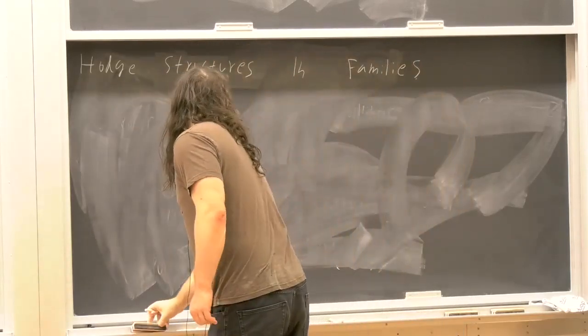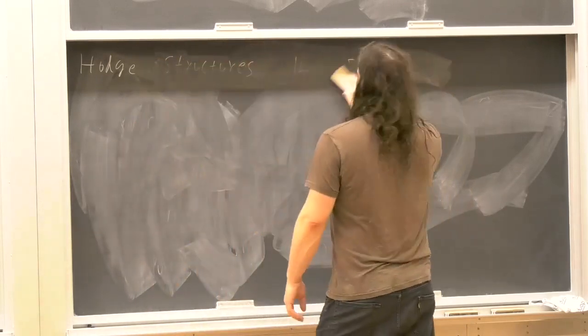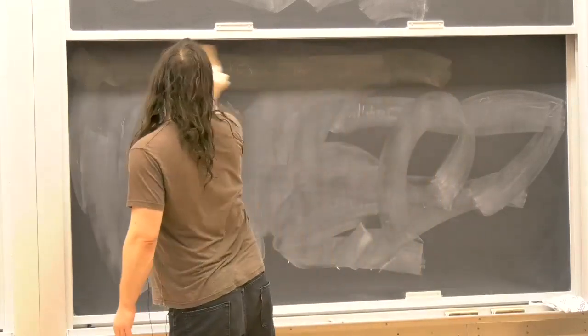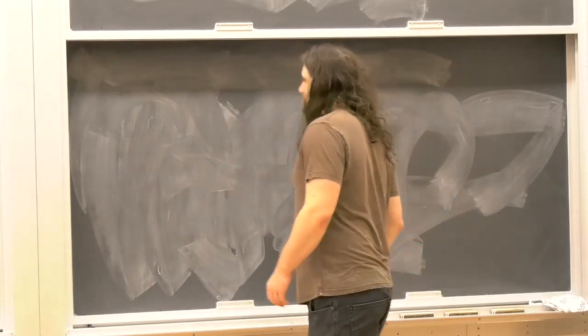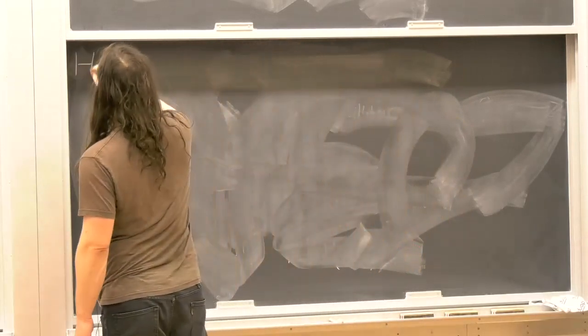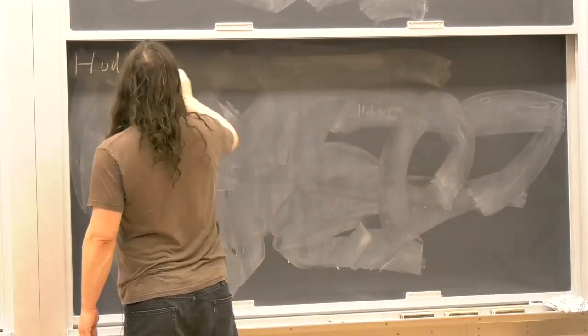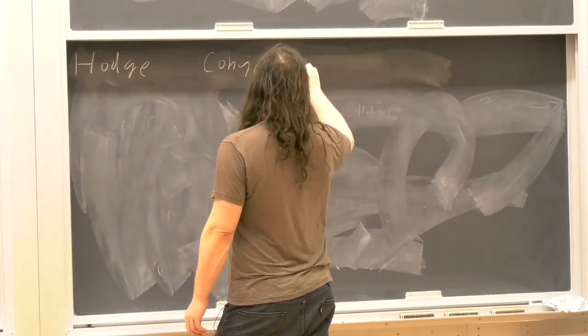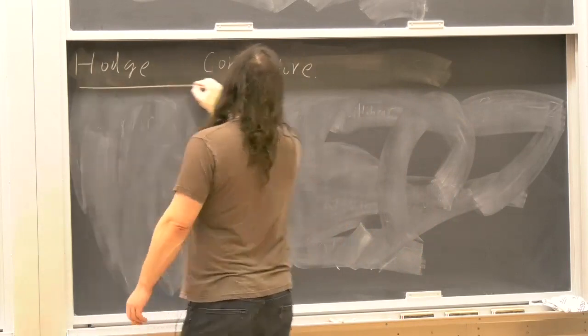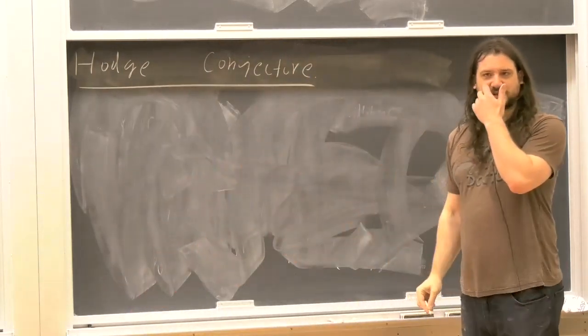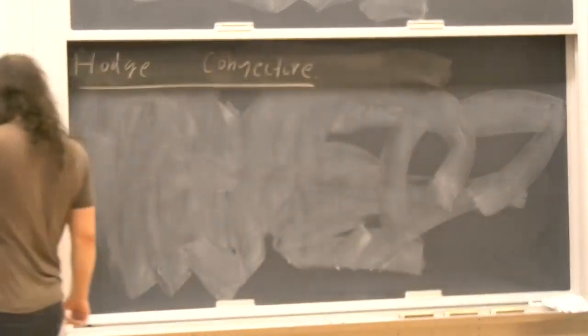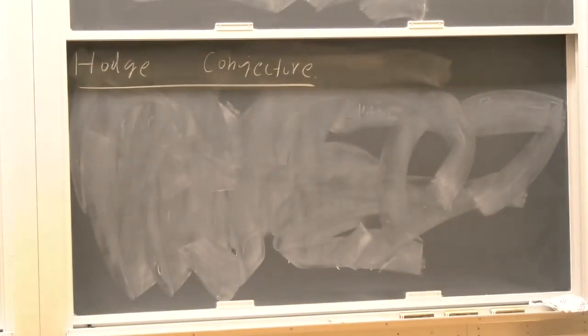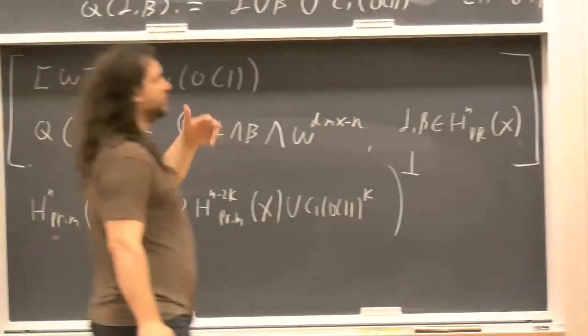Actually, sorry, I should mention one more thing first, because it's the center of the subject, which is the Hodge conjecture. This is one reason Hodge structures are super interesting. Okay, so given a smooth projective variety, we have all this data.